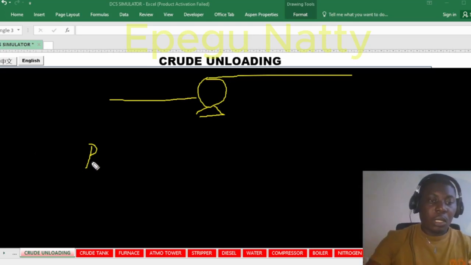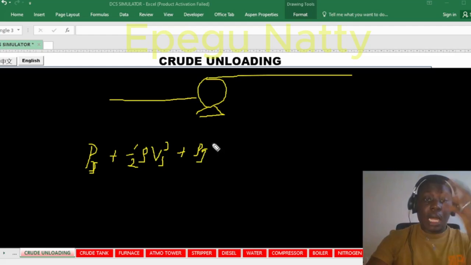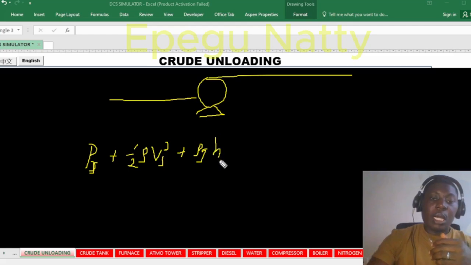So the pressure at the suction side, S, plus the kinetic energy, which is half of the density times the velocity squared at the suction side, plus the potential energy, which is the density multiplied by gravity and the height, h, at the suction side.